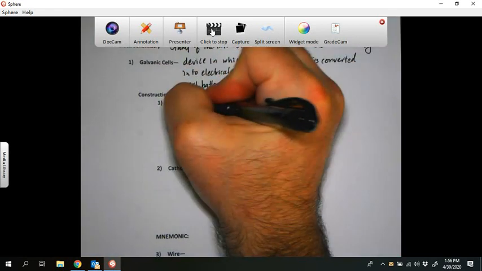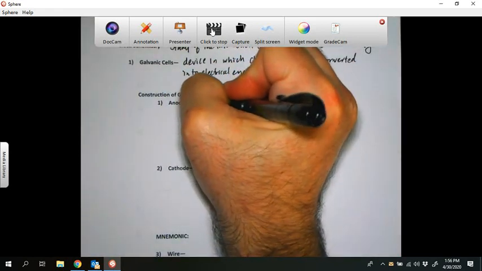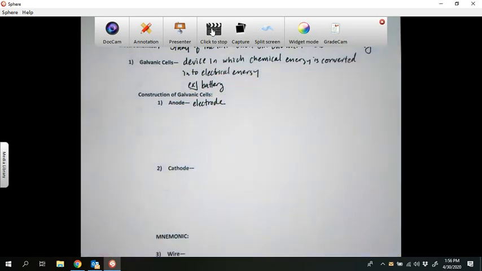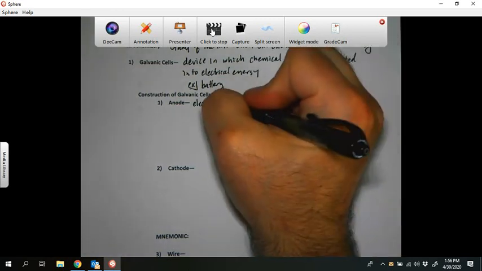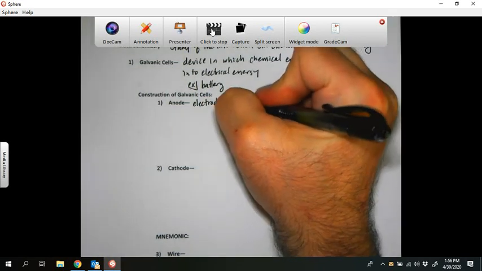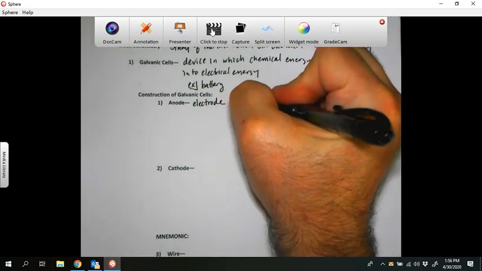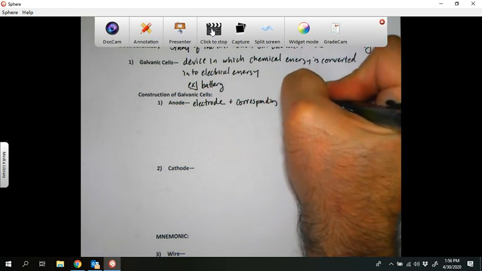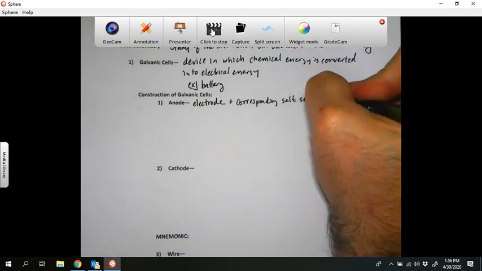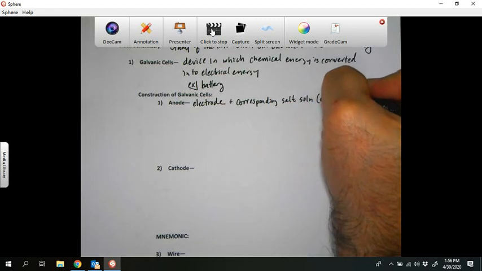And an anode is going to be some type of electrode. And that electrode can be a metal, like copper, or it could be a neutral electrode, like graphite, which is sometimes used, plus a corresponding salt solution, which sometimes is referred to as an electrolyte.